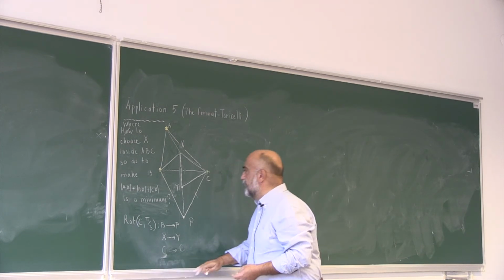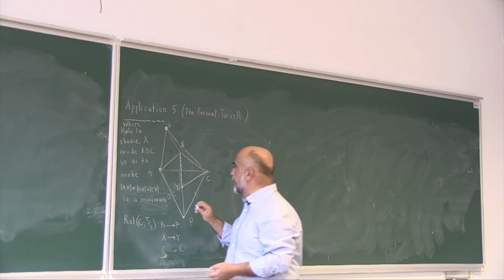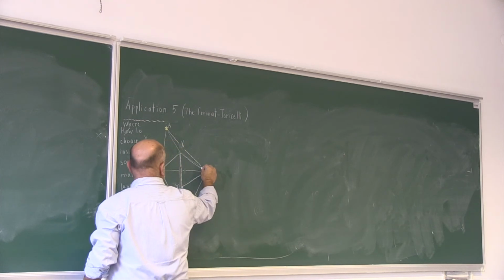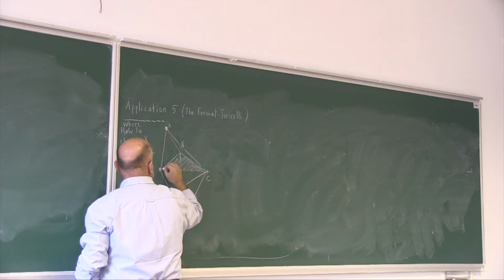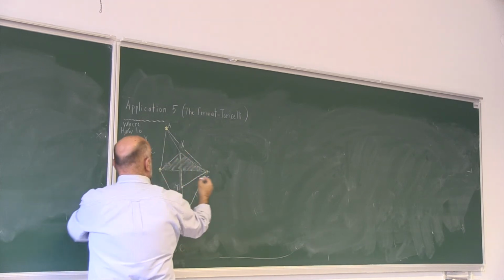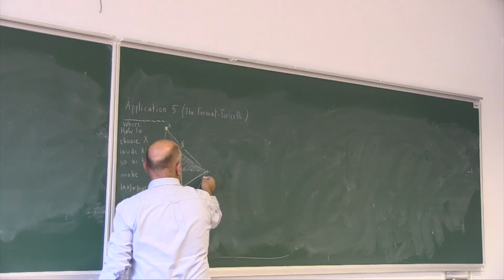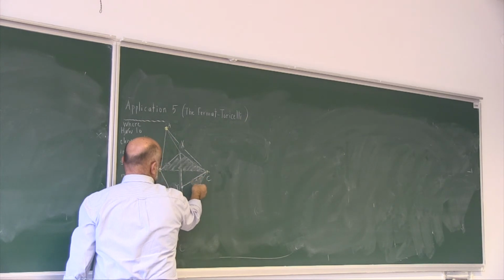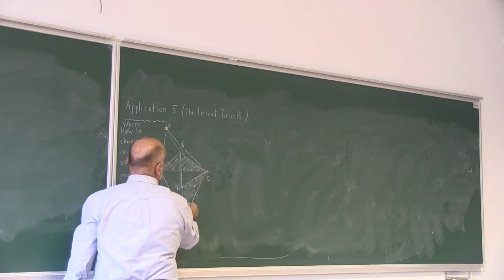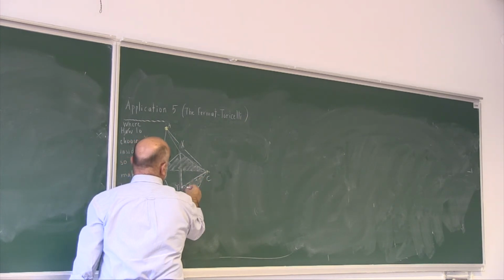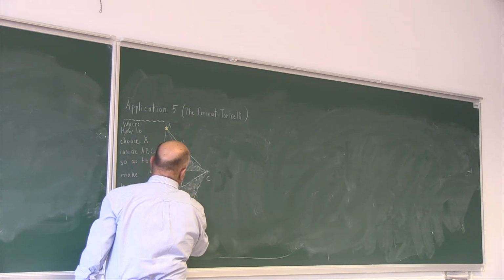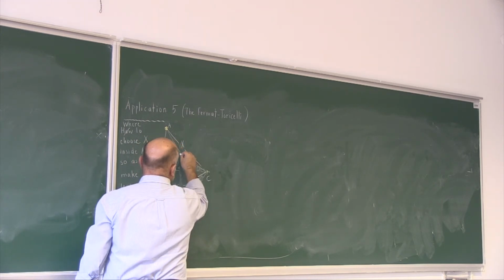Let's put all these things together. The triangle CXB is rotated into the triangle CYP. So these two triangles are the very same triangles. They are congruent triangles, if you wish.